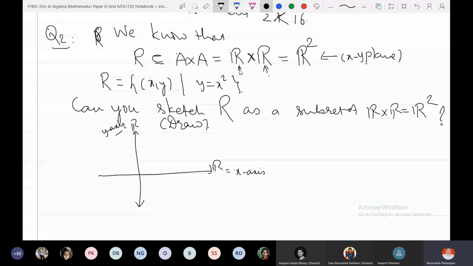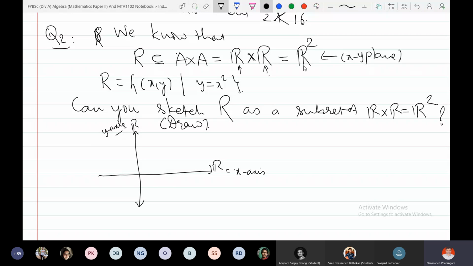Real numbers, right? The set on which I have defined the relation is the set of real numbers. Fine. Now a relation is a subset of what? A cross A, but A is now real numbers in this case. So my relation is a subset of the plane. Is the first sentence clear? My relation is a subset of R2 or the XY plane.